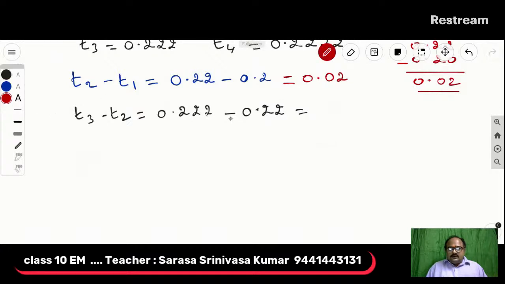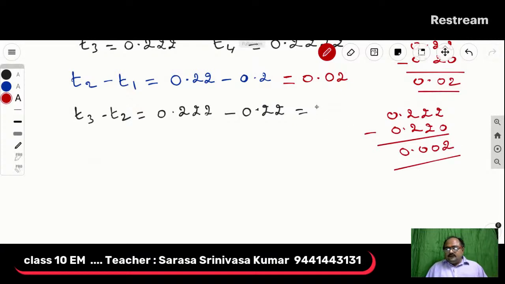Now we can do the calculation here. 0.222 minus 0.22, here we write 0. The difference is 0.002. So here we get 0.002. This is the difference.